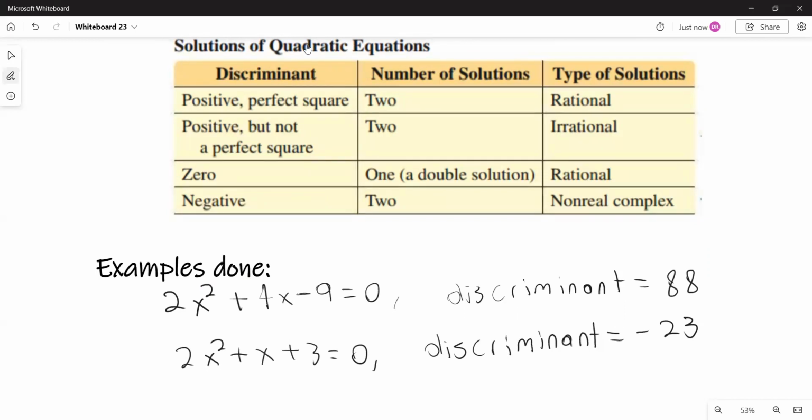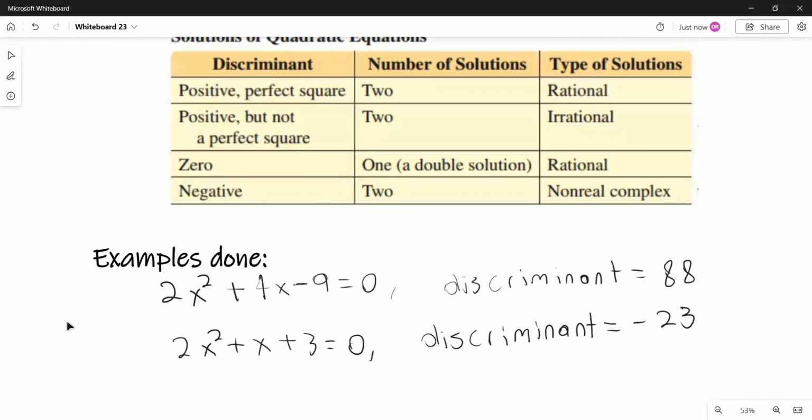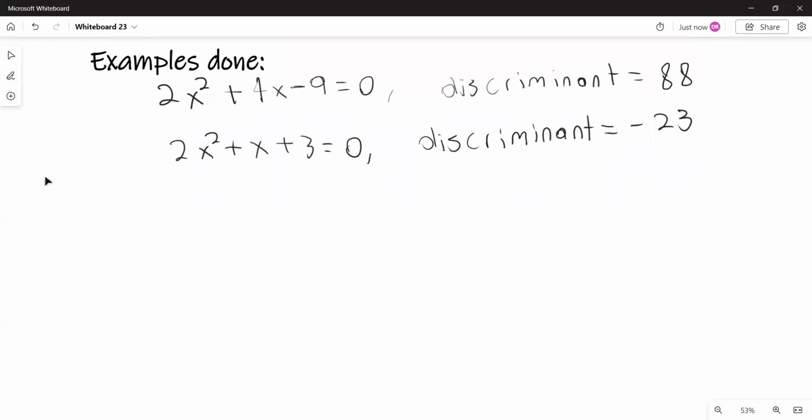Okay, so I'm just going to do a few more, the last examples. We're not going to solve anything. We're just going to determine the number of solutions and the type.